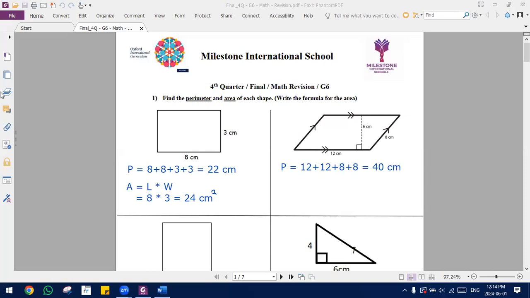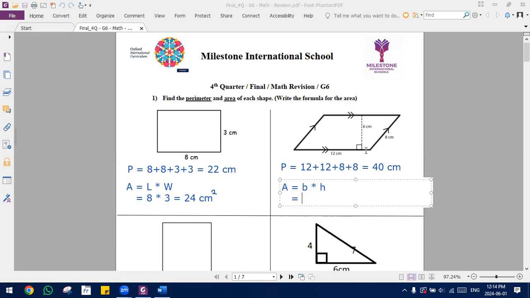Now for the area, we should memorize the formula. Area is equal to base times height. So we should multiply the base with the height. So base and height are always perpendicular. What does that mean? It means they make a right angle in between.